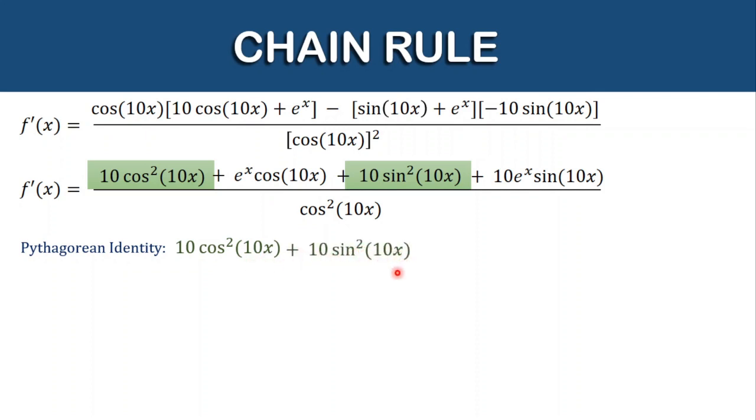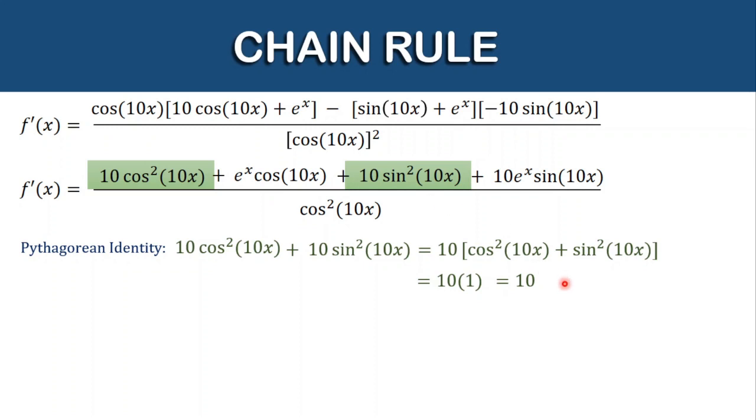We can also write this as 10 times the quantity cosine squared 10x plus sine squared 10x. This part, using the Pythagorean identity, magiging 1 na lang siya. That's why we have 10 times 1. And this is equivalent to 10. So, itong dalawang terms na ito, yung nasa color green natin, magiging 10 na lang sila.